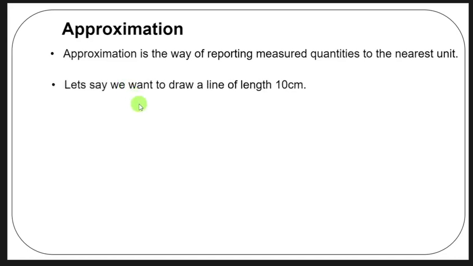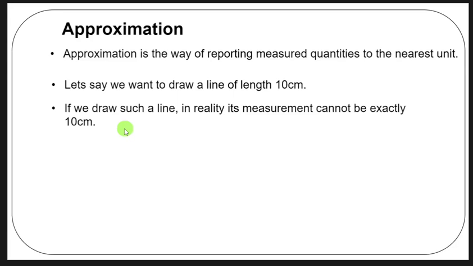So let's say we want to draw a line of length 10 centimeters. If we drew such a line, in reality, its measurement cannot be exactly 10 centimeters. Whatever measurement we do in reality, it's never 100% correct or accurate.